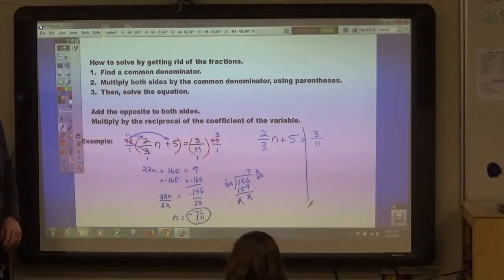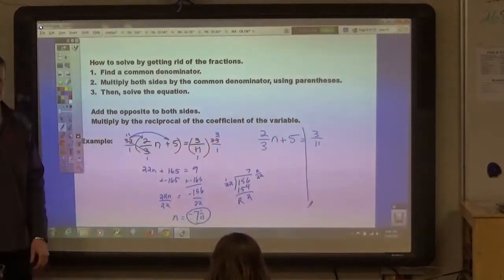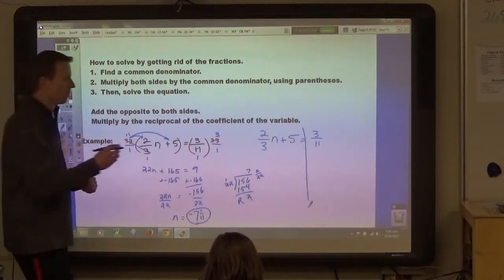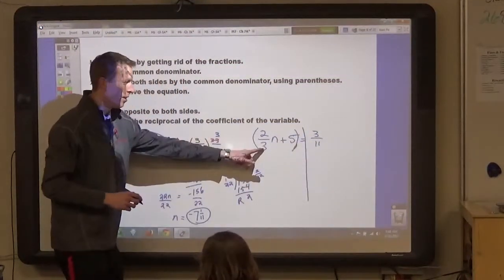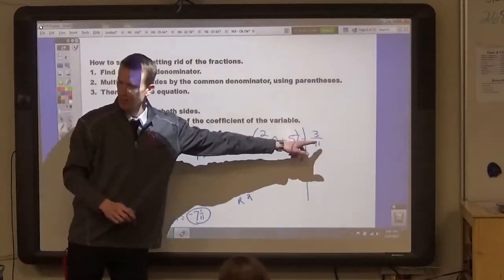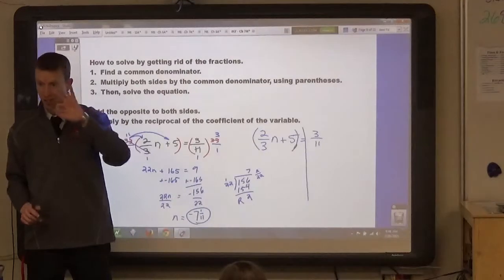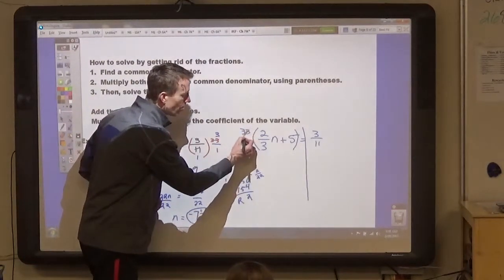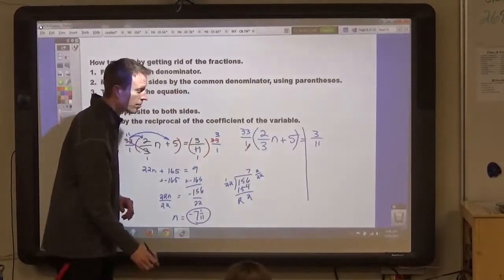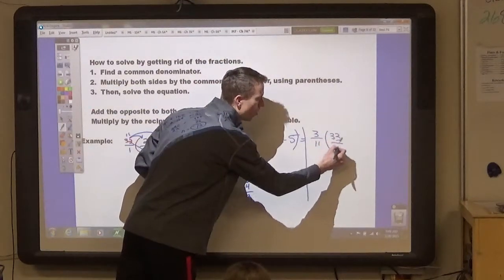Multiply both sides by a common denominator. Now, here's what happens. This is cool. If you multiply this side by a common denominator, look at the two denominators. 3 and 11 is 33, right? So multiply this side by 33 over 1, and multiply this side by 33 over 1.